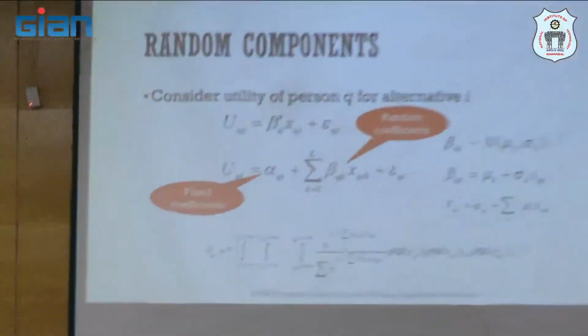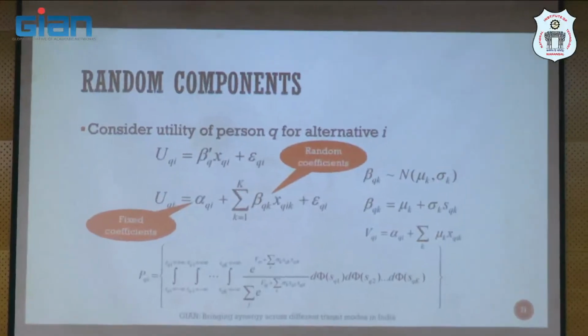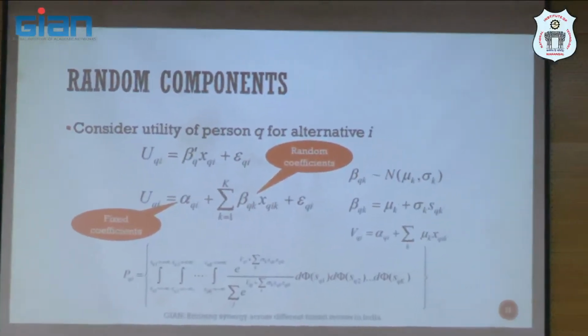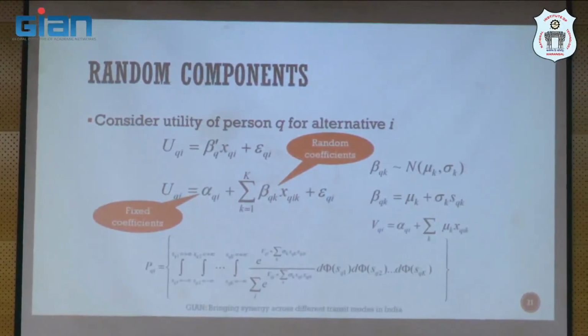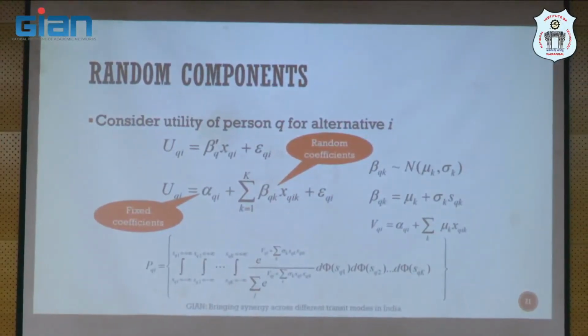This is how the equation would look if you have multiple random parameters. Each time you decide to have a random variable, you are adding an integral. So if you have 6 random variables, you are doing a 6-dimensional integral. The higher the number of integrals, the lower the accuracy of the integration.